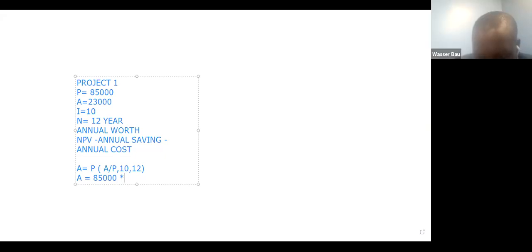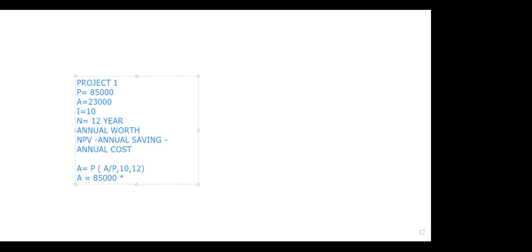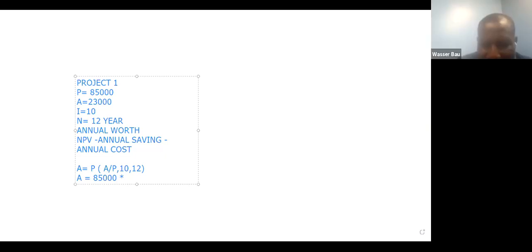So what did you get at the interest table? 10%. 6.145. Sorry? No, sir, that's 0.1468. Thank you. Yes, 0.1468.